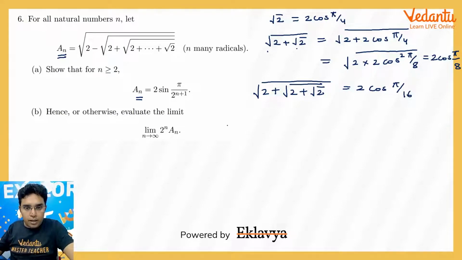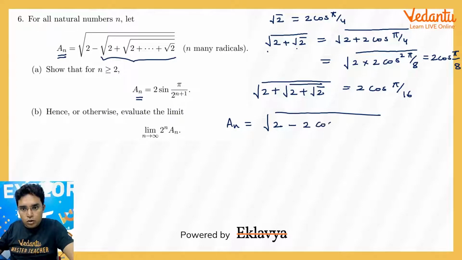So what they have given, an here, I think I can remove these n minus 1 under root signs and I will be getting 2 minus 2 cos of pi by 4, and you can check when 1 under root sign was removed, nothing was divided. When 2 were removed, we divided by 2. When 3 under root signs were removed, then we divided this pi by 4 by, I think, 4 here.